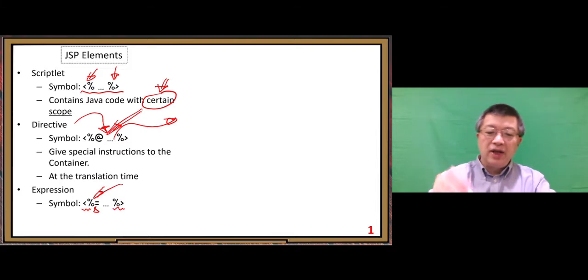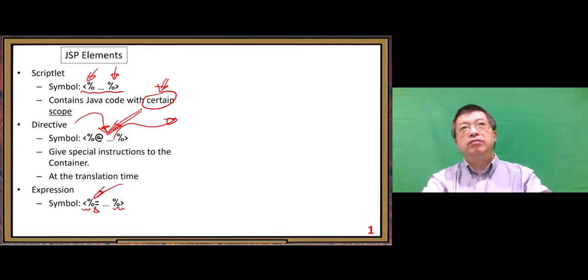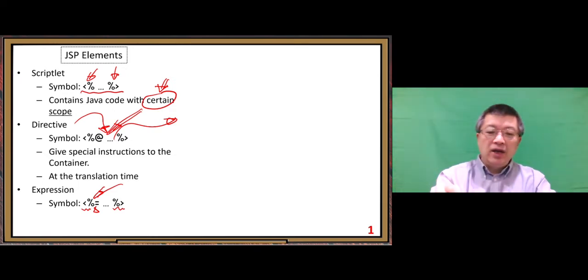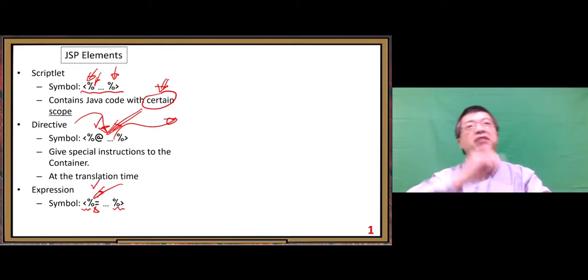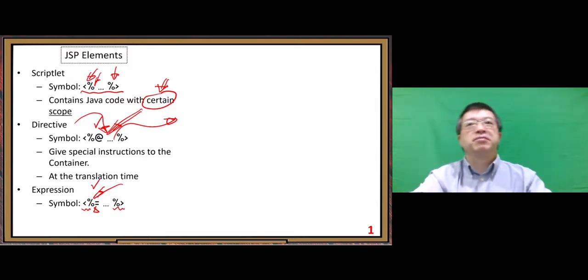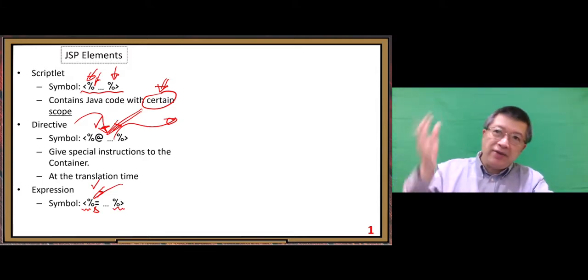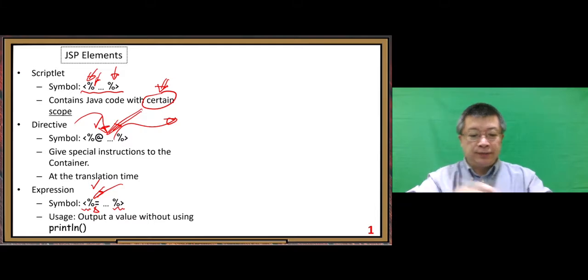Other than that, they use another extra symbol to mean different things. The first one, nothing. Second, at sign. Third, equal sign. Later we will have other cases. We need to add them to our stack.